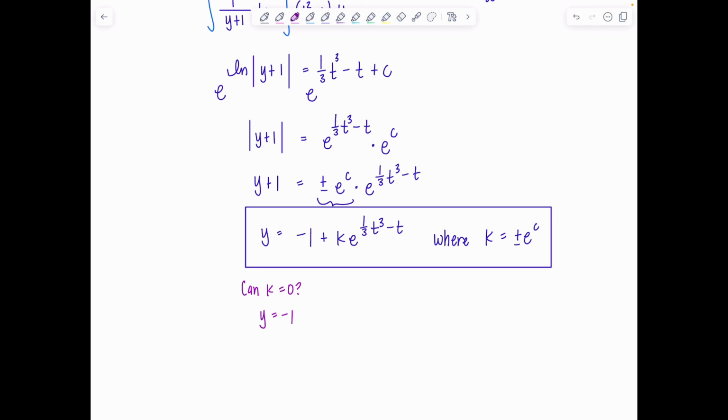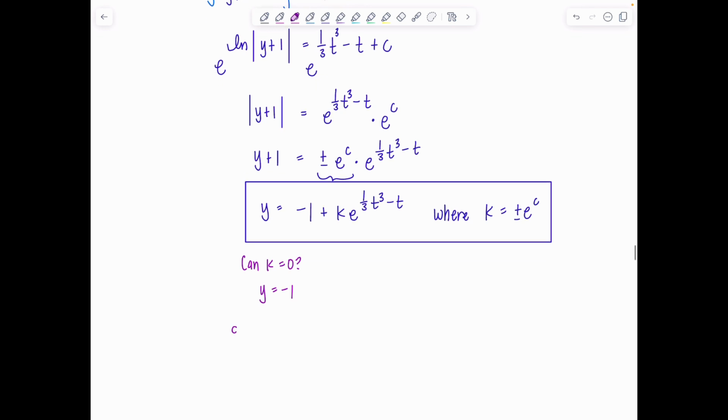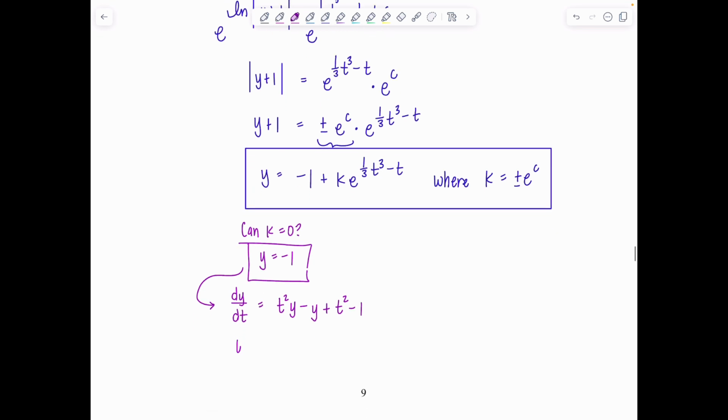Does that satisfy the original differential equation? It was dy/dt equals t squared y minus y plus t squared minus 1. Let's check if this indeed satisfies it. dy/dt, if y is just -1, would be 0.